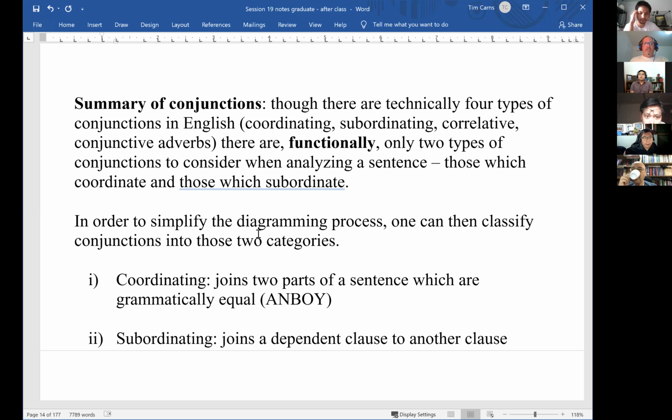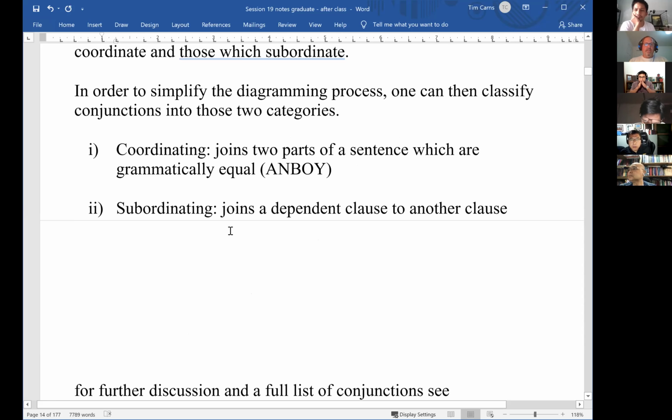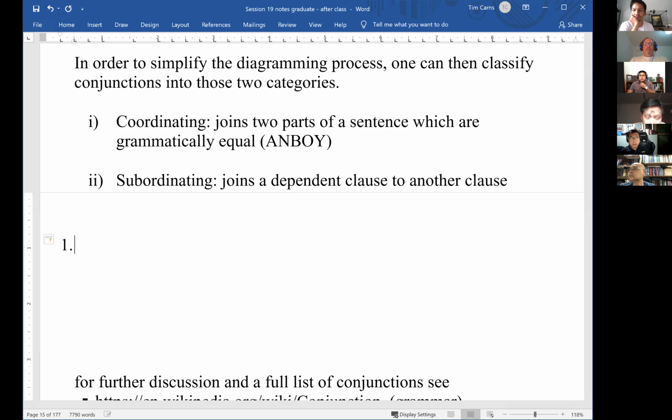Otherwise, look for a clause. If you see a clause there, if you see a subject and a verb, then it's going to be a subordinating conjunction. Unless it's the word who, which, or that. Then it's a relative pronoun. Okay? So it's the same process that we've been doing to identify these conjunctions, right? The first thing, is it an amboy?